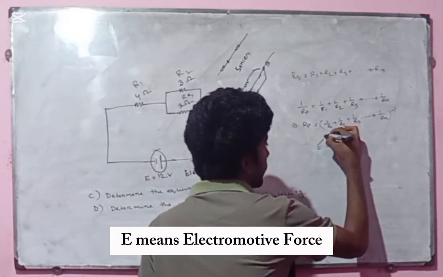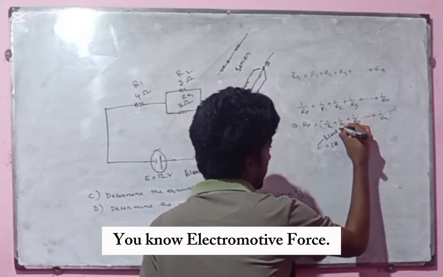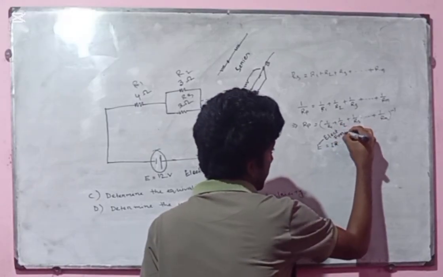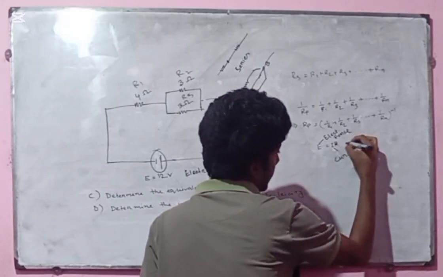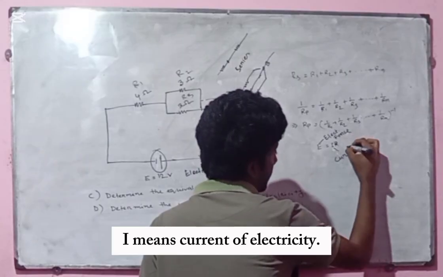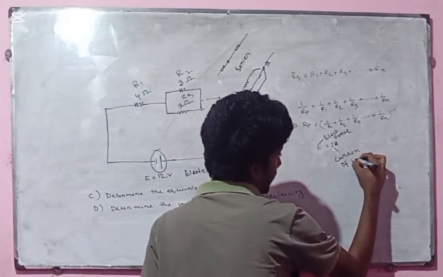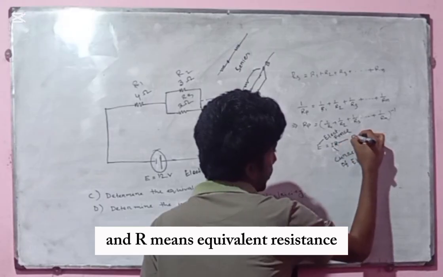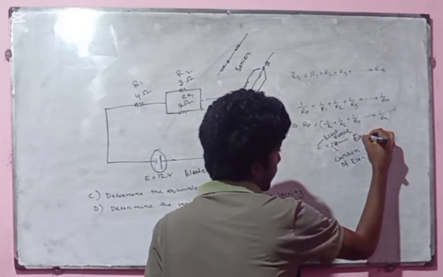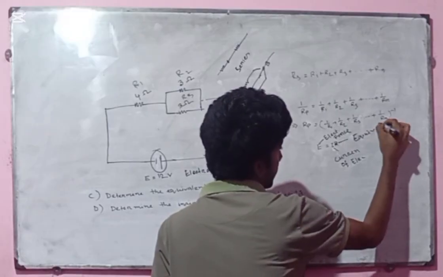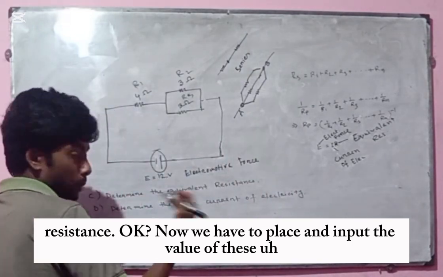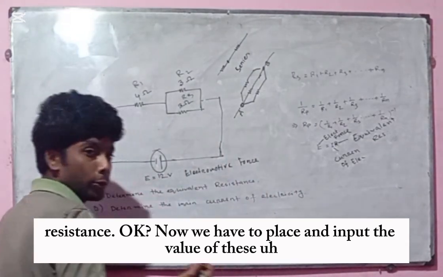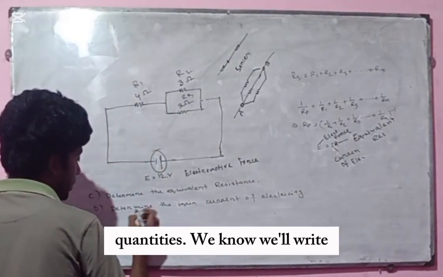E means electromotive force, I means current of electricity, and R means equivalent resistance. Okay, now we have to put the values of these quantities.